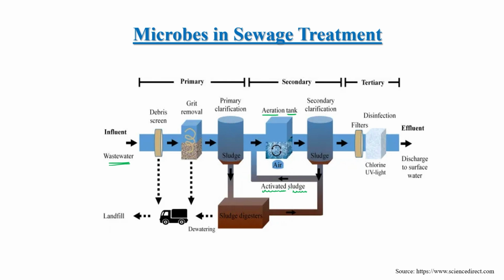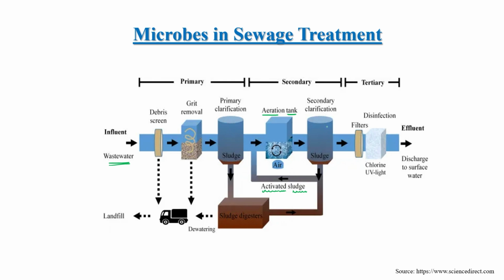Both bacteria and fungus are present in this aeration tank, and they utilize the organic component for digestion, and the remaining sludge settles down into the sludge digester.